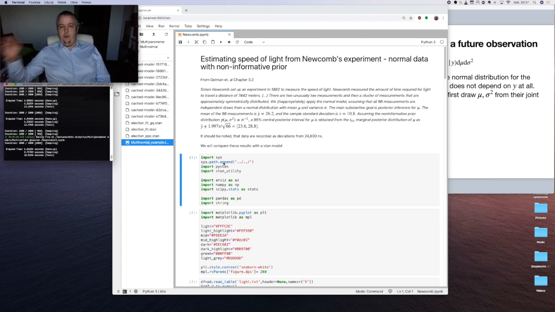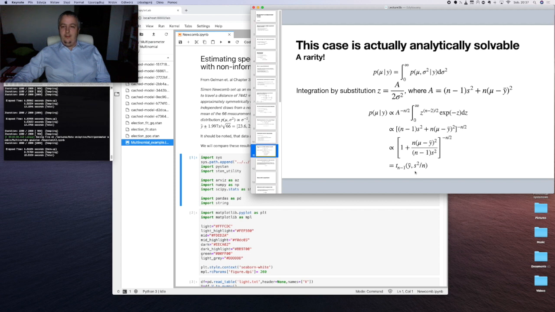We use a normal distribution in order to estimate the speed of light, which will be represented by the marginal distribution of mu. In this case our result works, because this distribution is a Student's t distribution with 65 degrees of freedom, because we have 66 measurements minus 1.